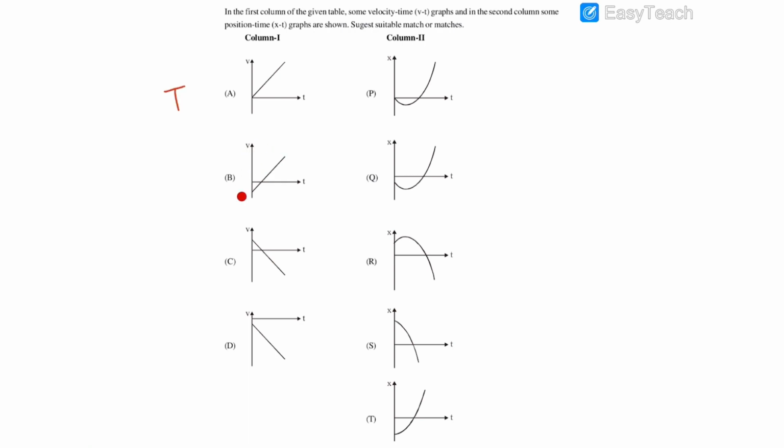Now option B is a straight line which is going in the upward direction. Initial velocity was negative, then at some time velocity became 0. So this should also be a parabola whose mouth is opening in the upward direction, and at some time after the start its parabola base should occur because the velocity is 0 after some time from the start.